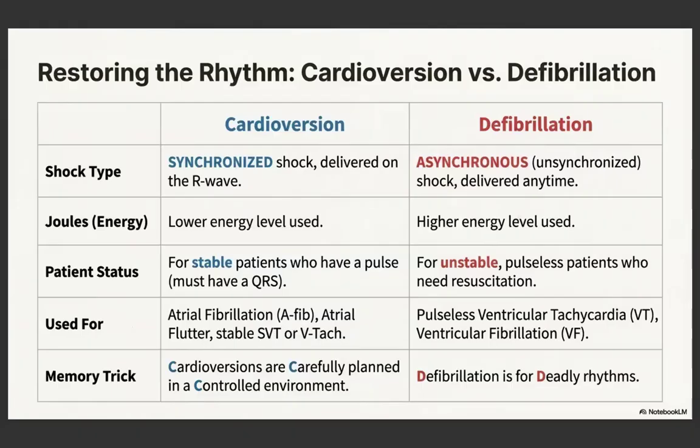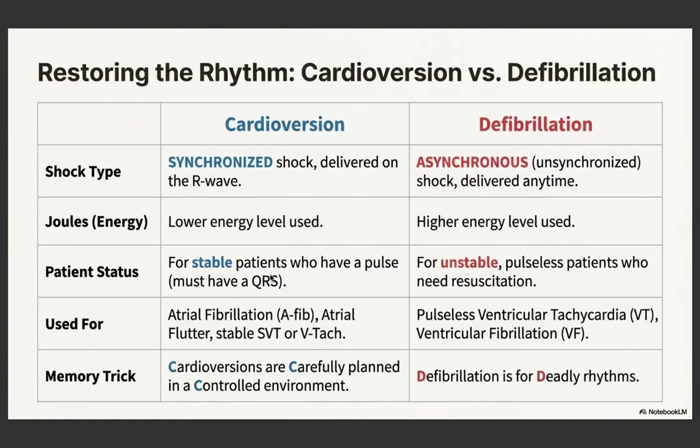Cardioversion versus defibrillation. Cardioversion is when a synchronized shock is delivered, and defibrillation is when a shock can be delivered at any time. A lower level of joules is going to be used for cardioversion. A higher level is used for defibs.